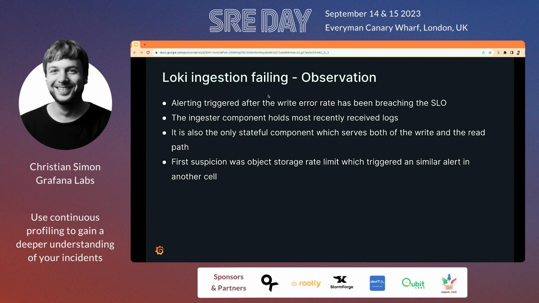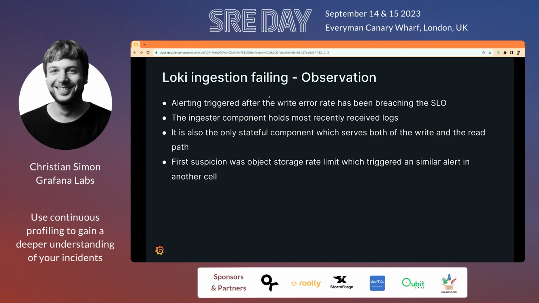In another case, with the Loki team which I was working on for a long time, we actually helped to identify what was going wrong. We have SLO multi-window alerts, and we were breaching and got alerted.